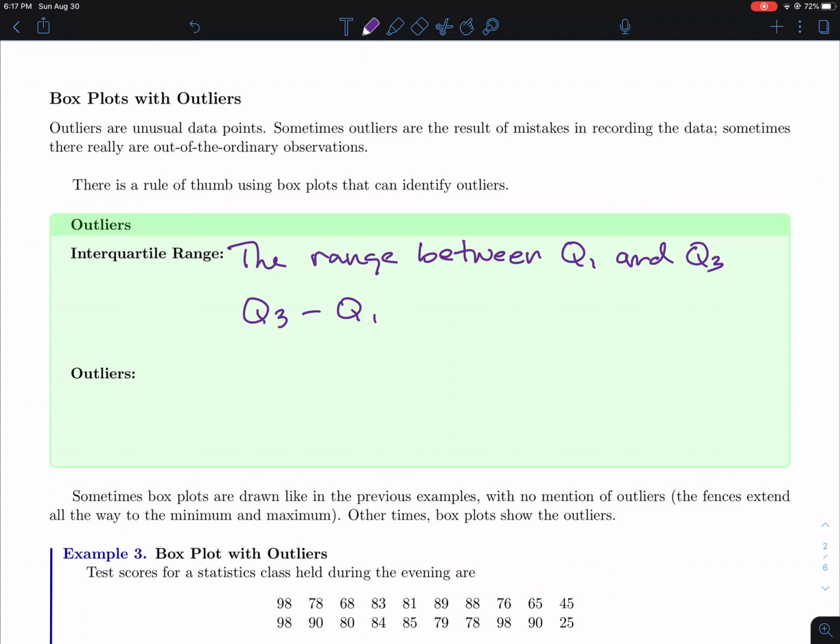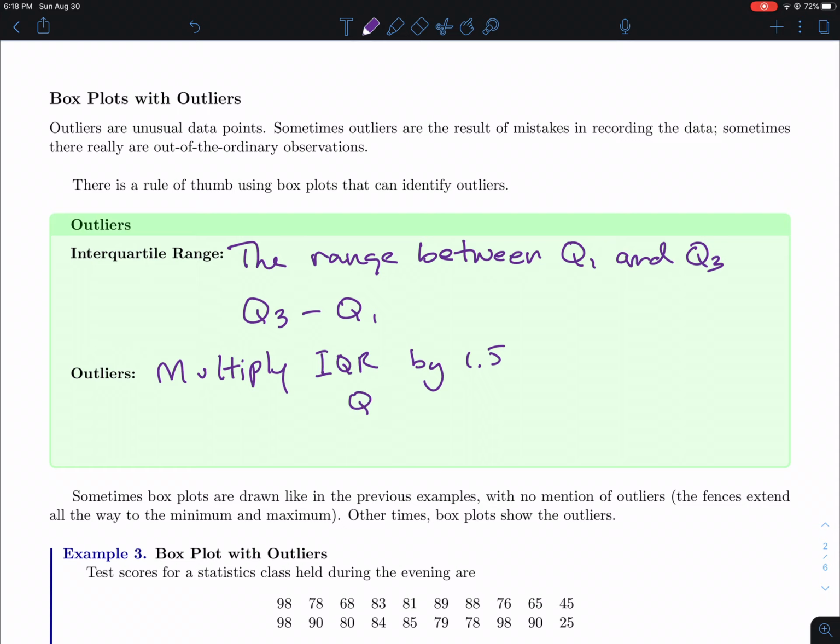And if we want to figure out whether there's data in the list that are possible outliers, then we use the following rule. We multiply the interquartile range, which we're going to abbreviate as IQR, just so we don't have to keep writing it over and over, by 1.5. And then you subtract that value from Q1, and at the same time add that value to Q3.